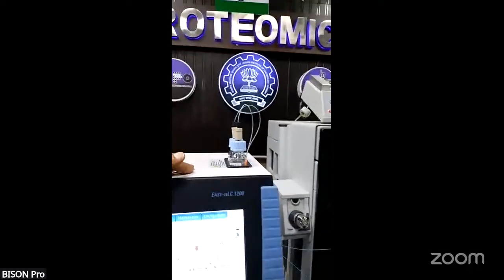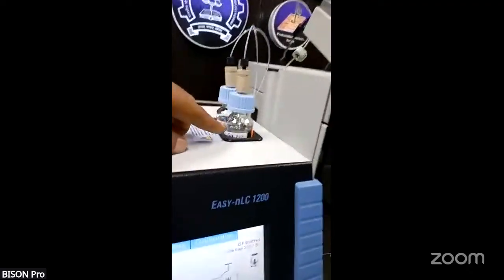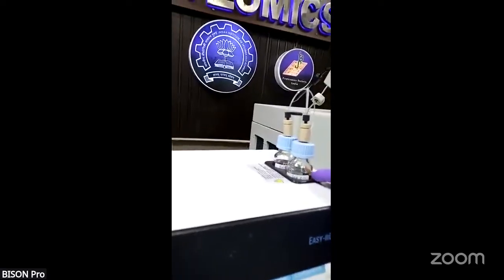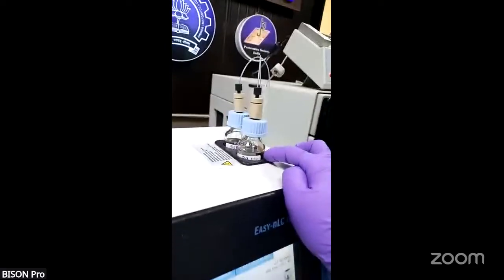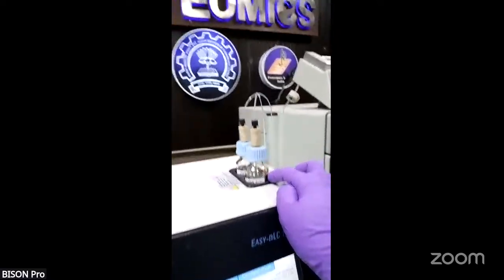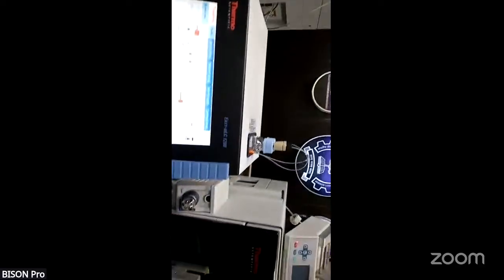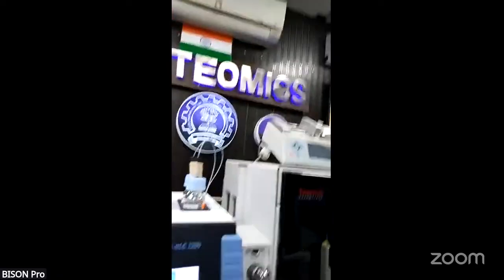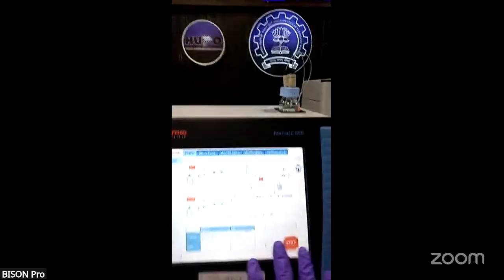First of all, in any nano LC, you will have two kinds of solvent, solvent A and solvent B. Solvent B may be the organic phase, which consists of 80% ACN, and solvent A is 0.1% FA. So this is how a nano LC component looks like.